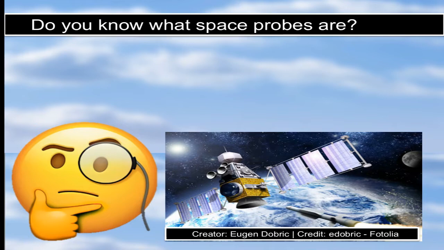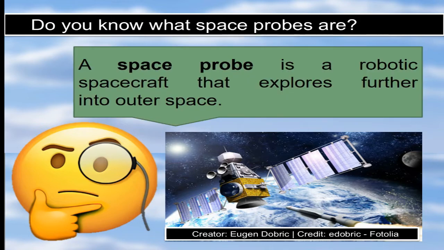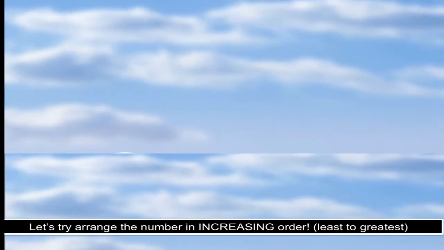Have you ever thought of how we get information about the solar system? Scientists are using space probes. A space probe is a robotic spacecraft that explores further in outer space. Let's take a look at these different space probes.